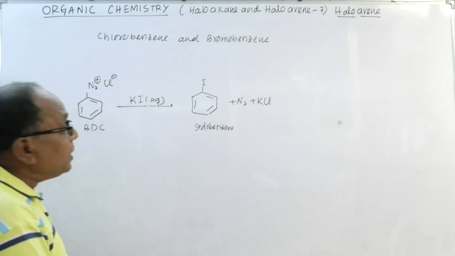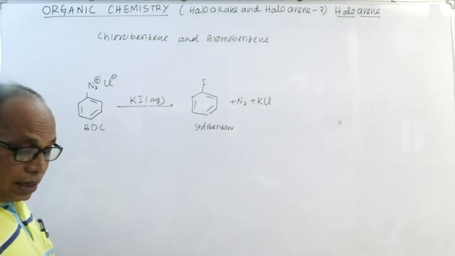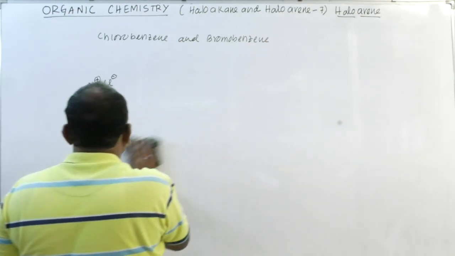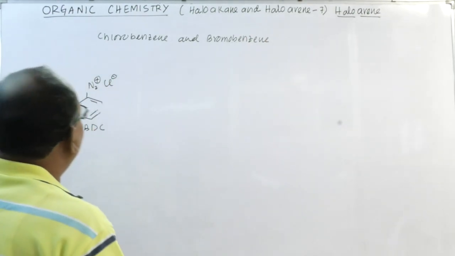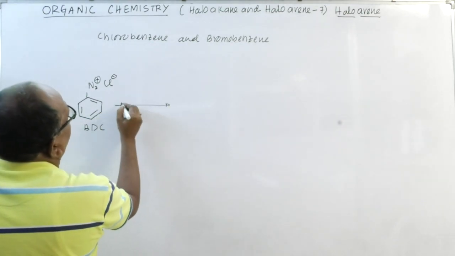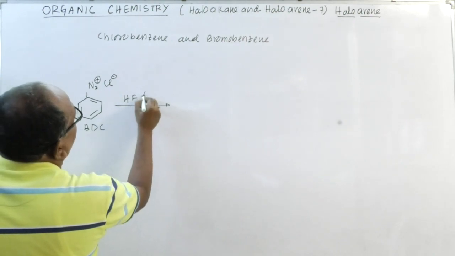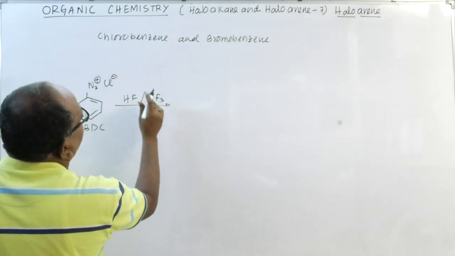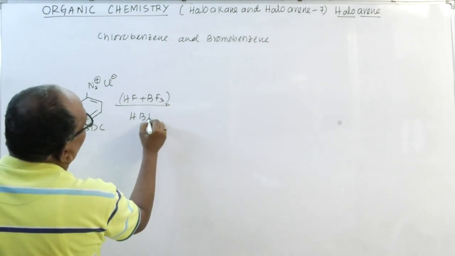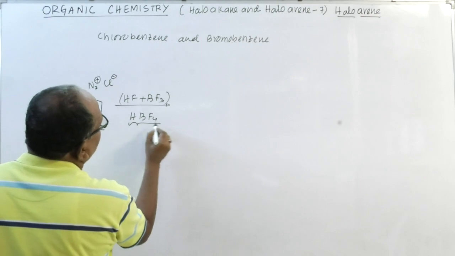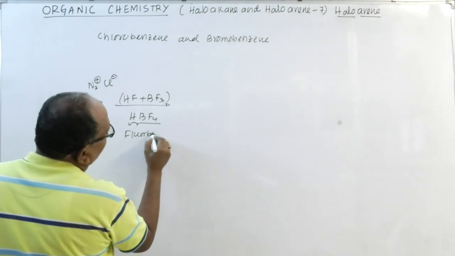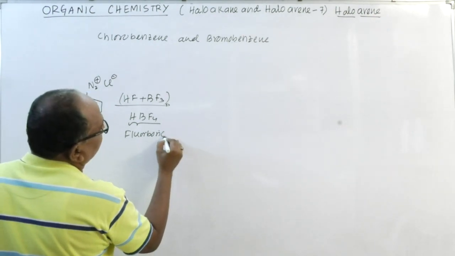Okay, fluorobenzene can also be synthesized from benzene diazonium chloride by the action of hydrofluoric acid in presence of BF3. You take the mixture of these two, this gives you HBF4, and this compound is known as fluoroboric acid.